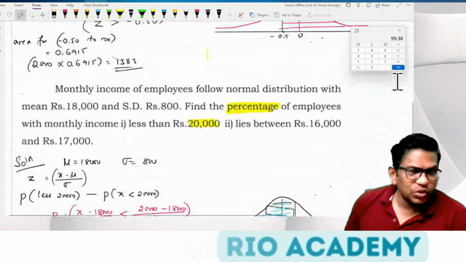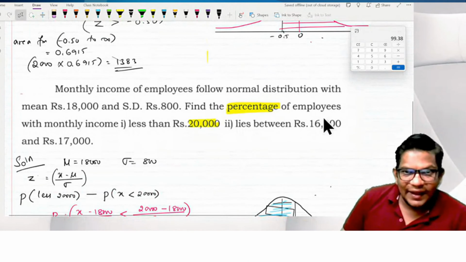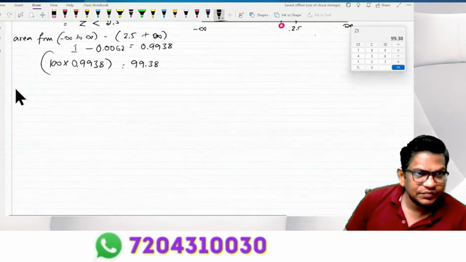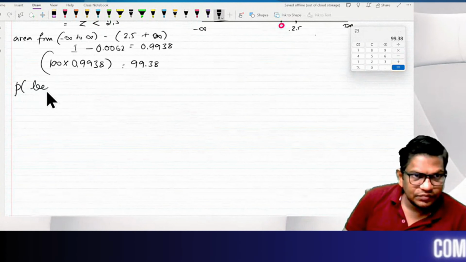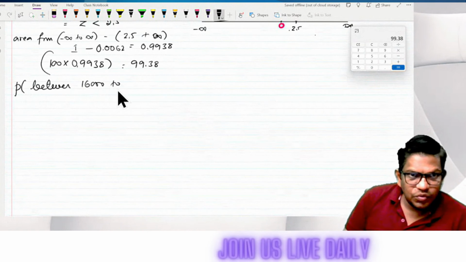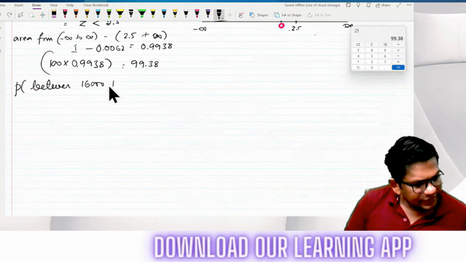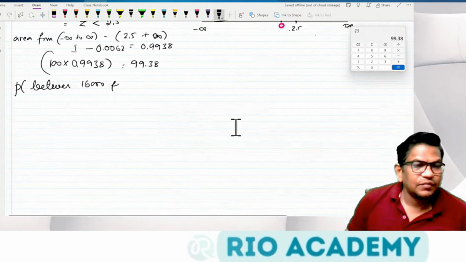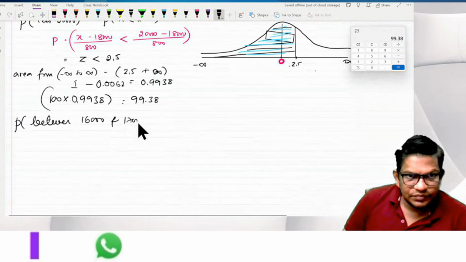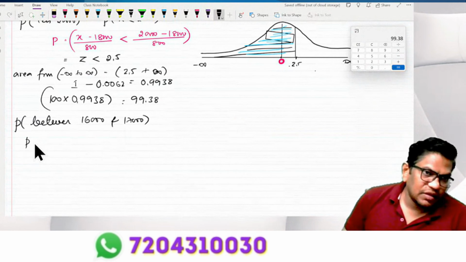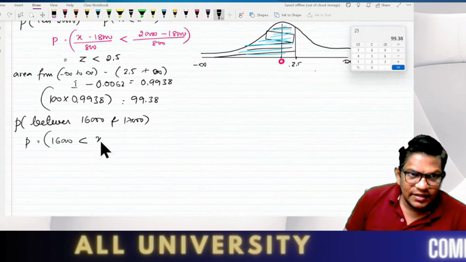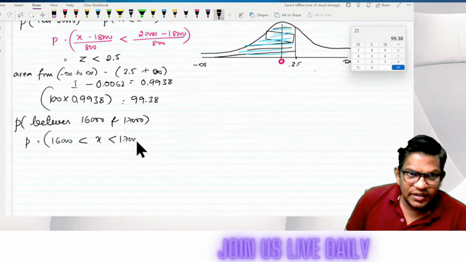थोड़ा स्लो जा रहा हूं मैं, but now it lies between 16,000 and 17,000. That is 16,000 less than x less than 17,000.